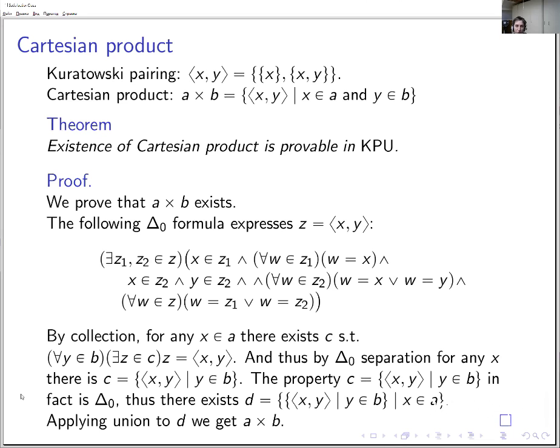So of course, for X and Y, we have this pair.